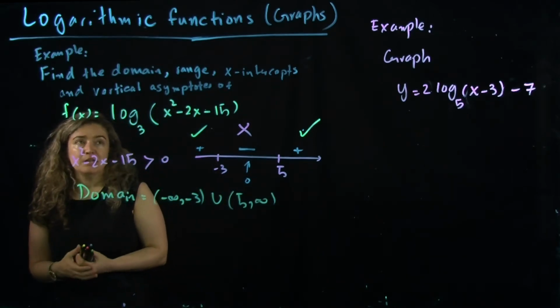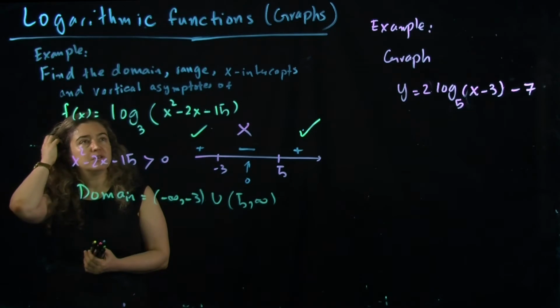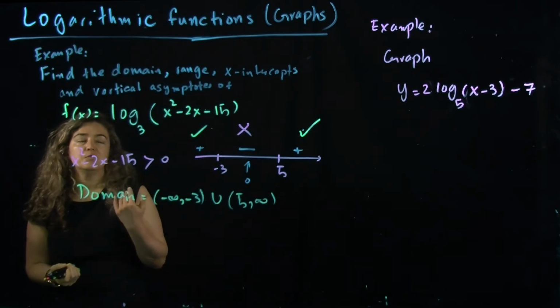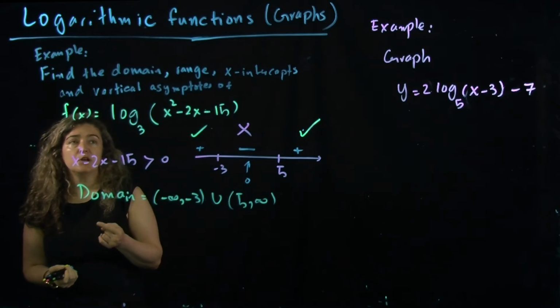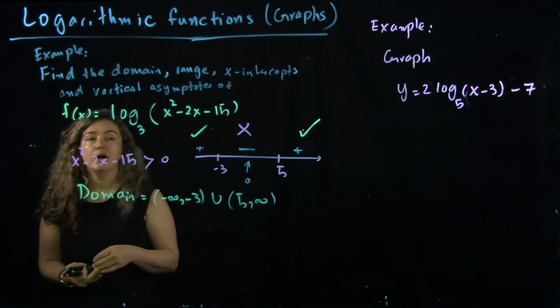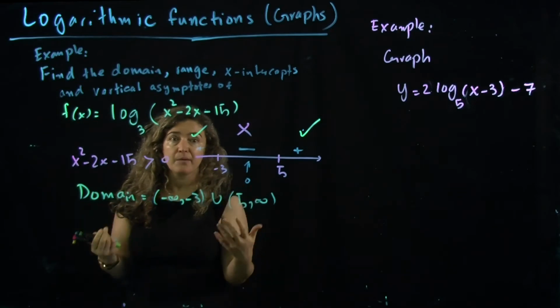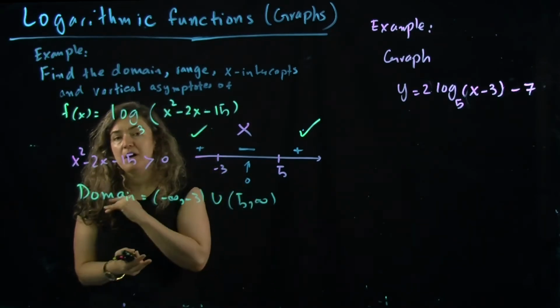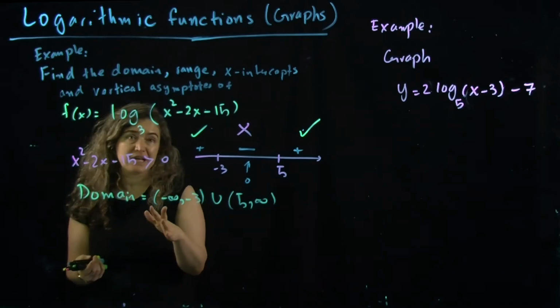The next question is to find the range and the x-intercept. For the range of a logarithmic function, if you observe the parent function, the range goes from -infinity to positive infinity. There's no break in it.